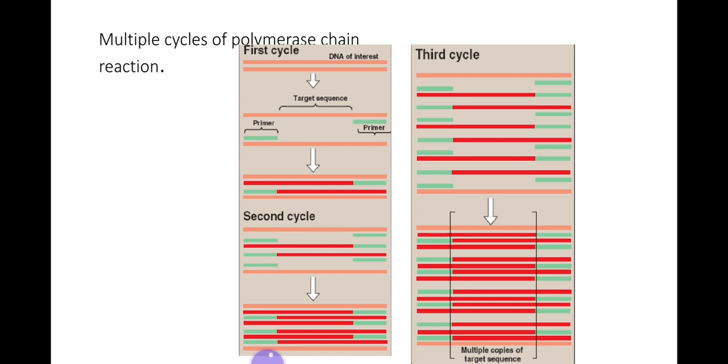About 20 to 30 cycles are run in the process, and a million to billion fold increase in the amount of the DNA can be obtained, right? So this is how the DNA is multiplied in the PCR.